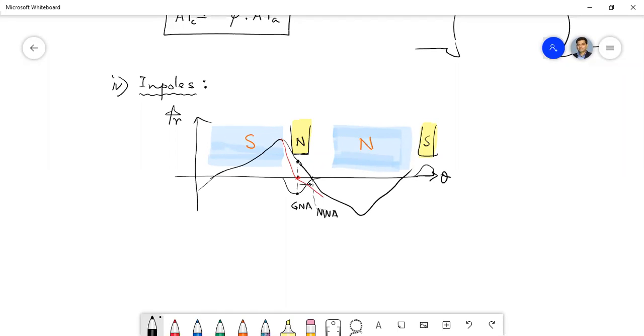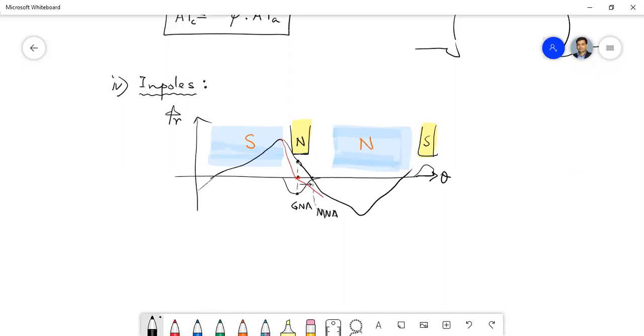So that means interpole has its role to nullify the effect of the armature reaction only at the interpolar region. In the last class, I told you that compensating winding has its role to nullify the armature reaction only at the polar regions, that is under the poles.